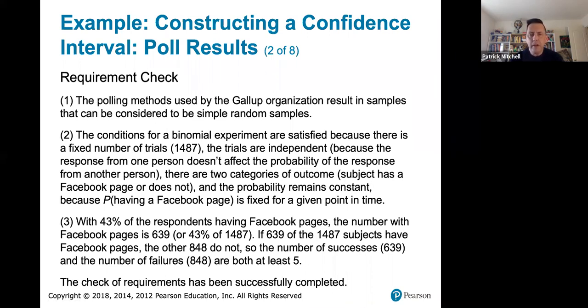And that probability remains constant because the probability of having a Facebook page is fixed for a given point in time. And then with 43% of the respondents having Facebook pages, the number who have Facebook pages would be about 639, which means the other 848 do not. So the number of successes and the number of failures are both at least 5. So all the requirements are met.